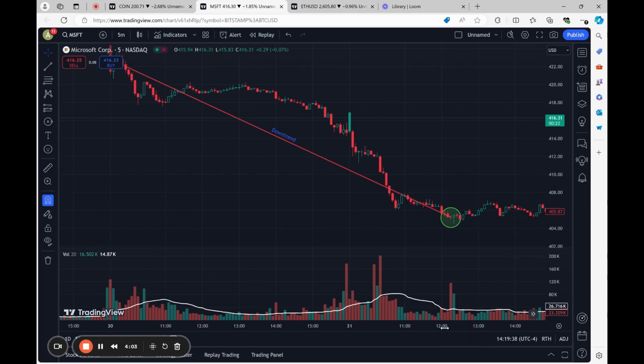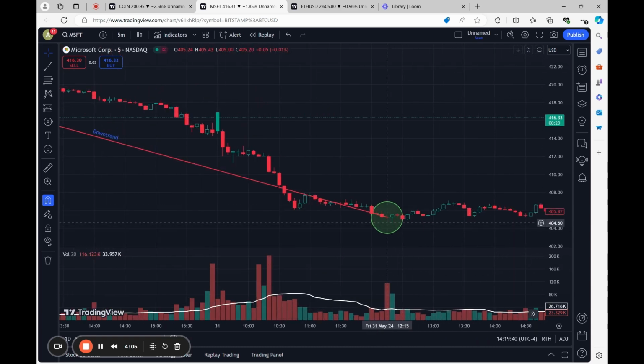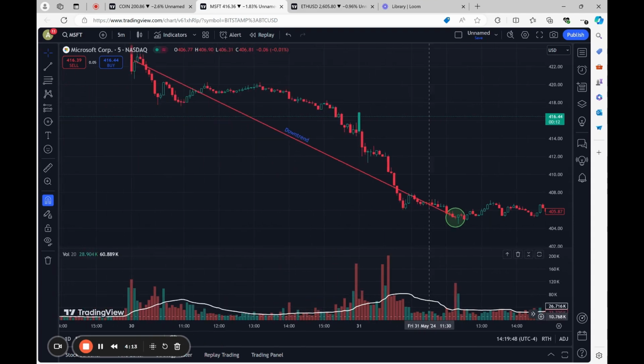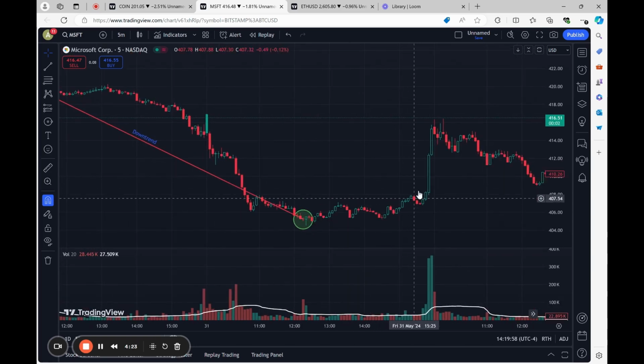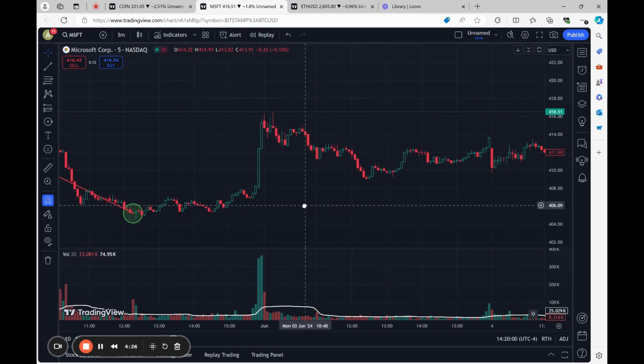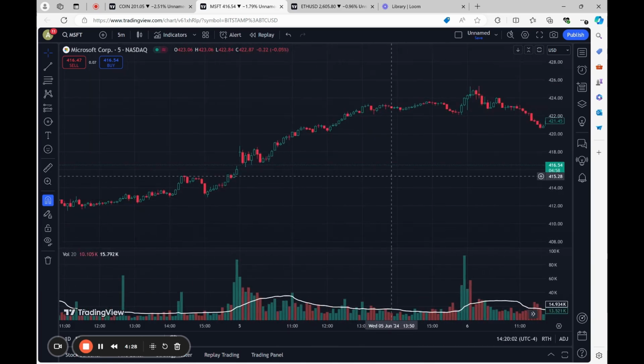We see that right here with this candlestick: a really small red body with relatively high volume compared to all of the other candlesticks. If we look over here, there's a bunch of smaller candlesticks, and over here too. So that can tell us that there may be a reversal coming up. And what we see is that it does reverse into this big jump, and then it continues into an uptrend following that.